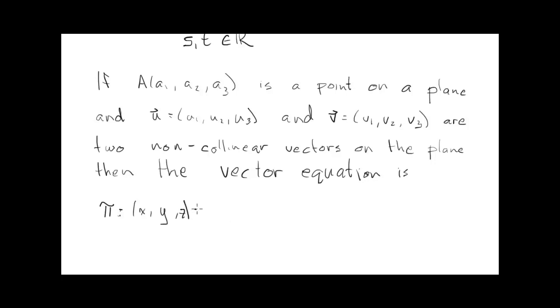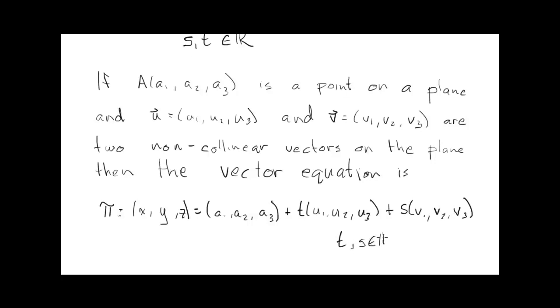So the points x, y, z will be equal to, so you need to start with the point a1, a2, a3, so that will get you to the plane, and then you need to add multiples of the direction vectors, or the vectors which are on the plane, and that will move you around the plane to generate all the points, where t and s are real numbers.